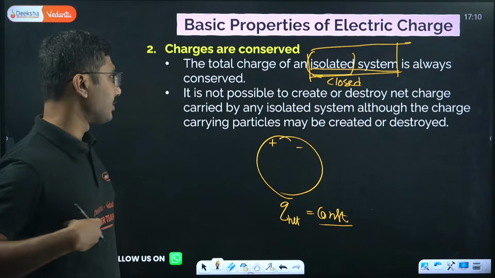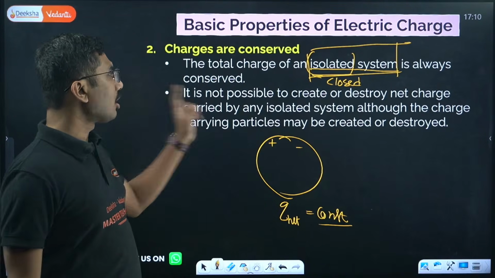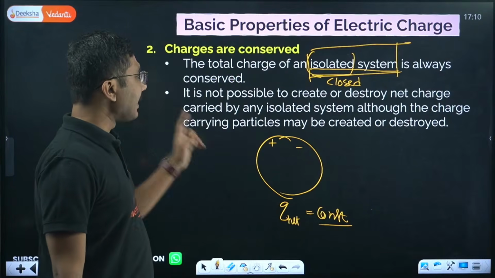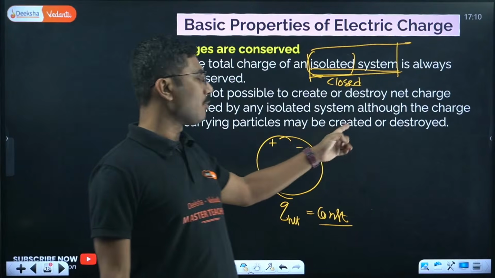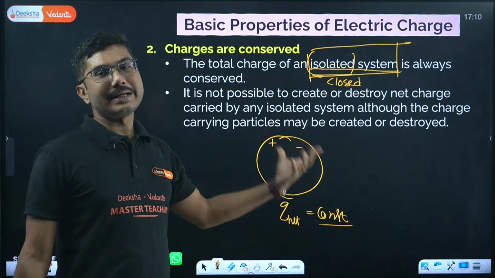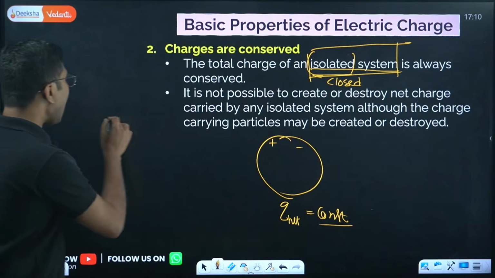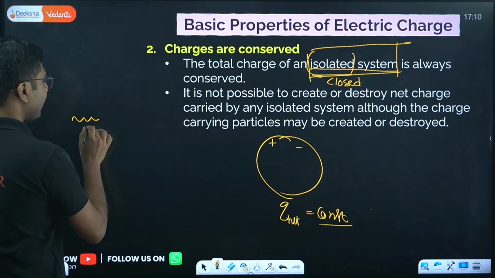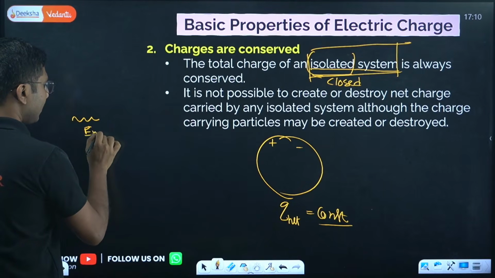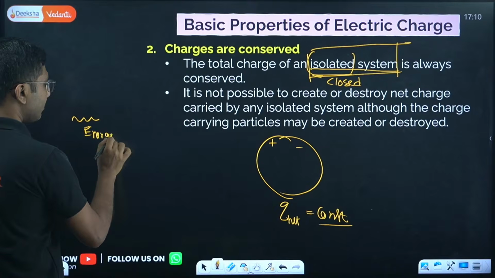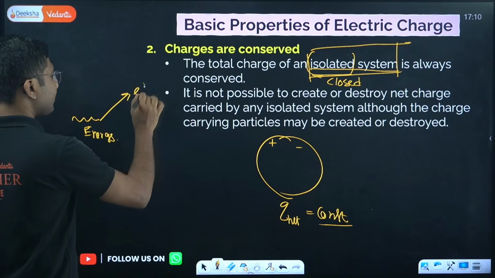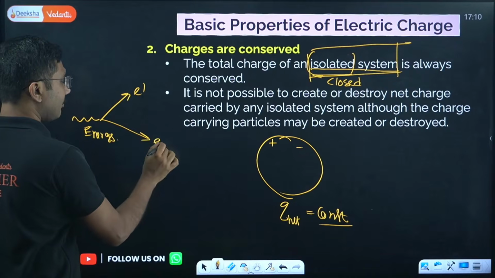It is not possible to create or destroy net charge carried by any isolated system, although the charge carrying particles may be created or destroyed. As I mentioned, if you create charge from energy, which happened millions of billions of years ago during the Big Bang, if you create a positive charge, you will get an equal amount of negative charge.